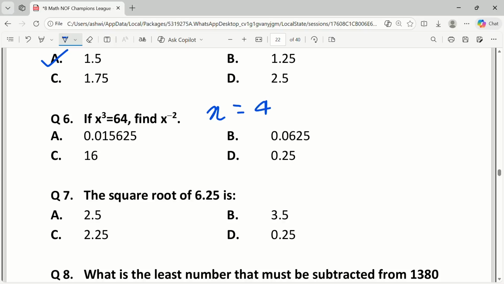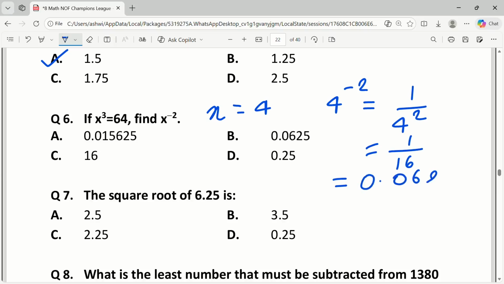Now calculating the value of x to the power minus 2, that is 4 to the power minus 2, which is equal to 1 upon 4 square, which is equal to 1 upon 16, which is equal to 0.0625, which is option B.